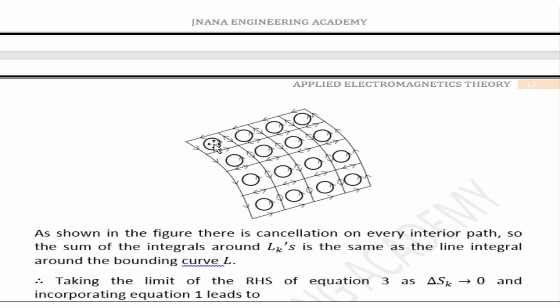That is, here it will be cancelled with the adjacent cell. So when we take the sum of the integrals over all the k cells, it will be the same as the line integral around the bounding curve L. That is what Stokes theorem states.